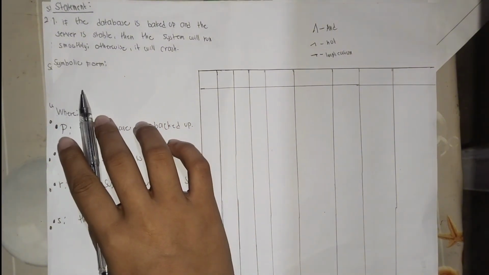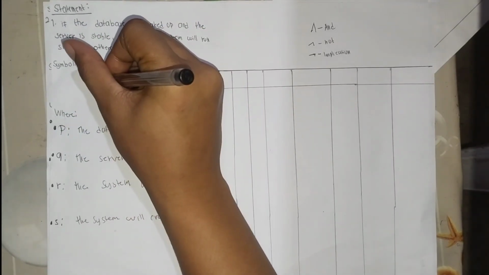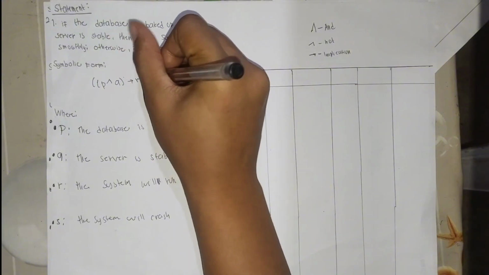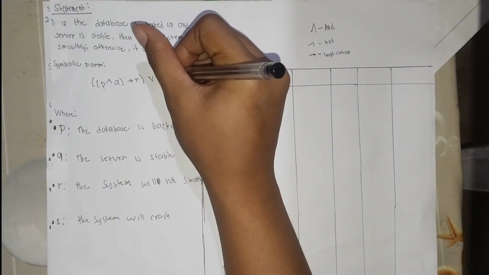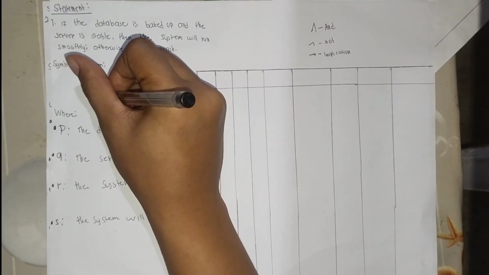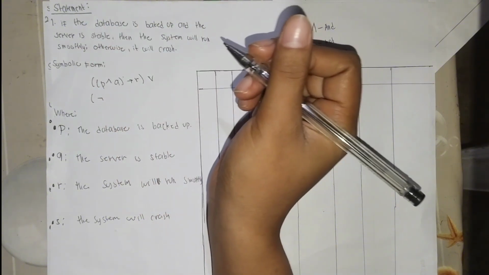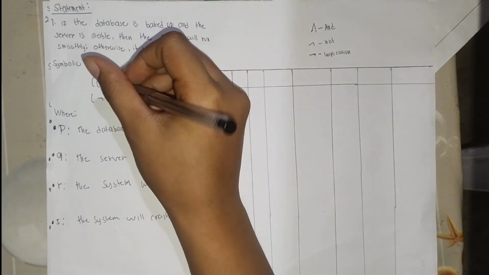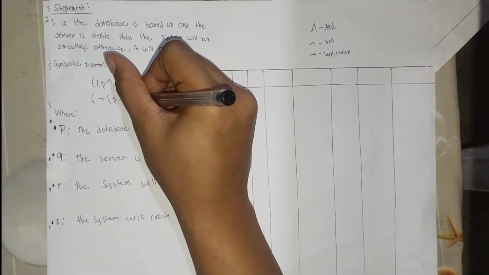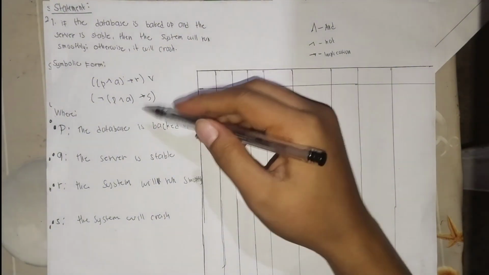Our symbolic form is: if P and Q, then R, and if not P and Q, then S. This is our symbolic form.